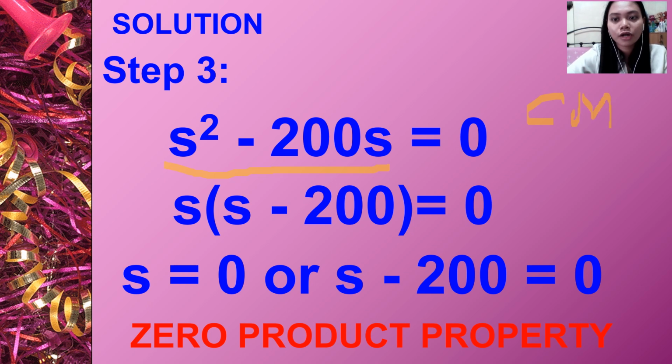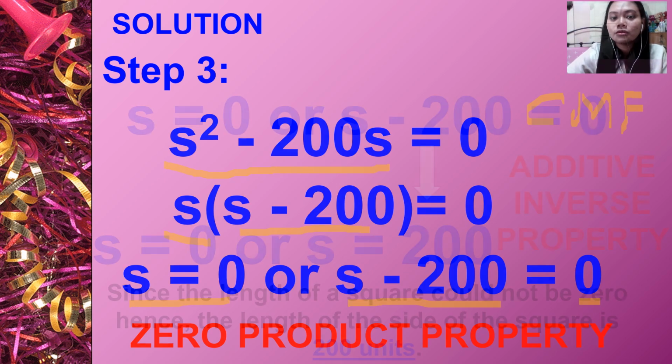Ang common monomial factor ng s squared minus 200s ay s. And the second factor is s minus 200. So, getting the roots of these equations, so yung s ay equal sa 0, at yung second factor, s minus 200, is equal to 0 by zero product property.